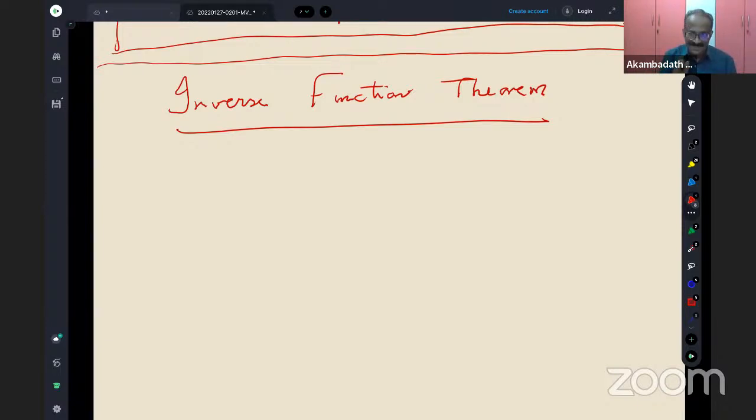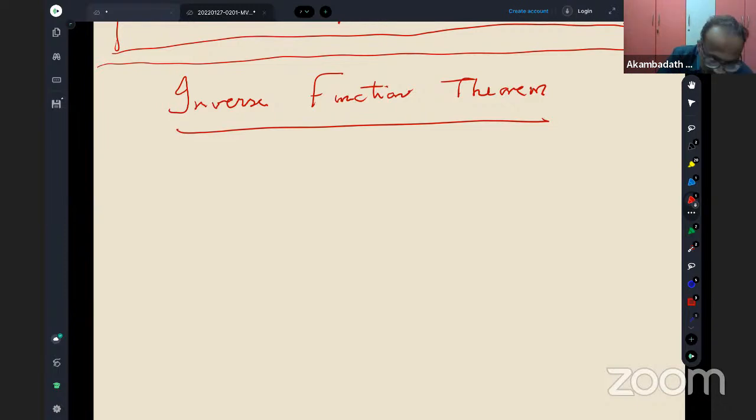First, you see the settings. What are the notations you are using? It's important to use the right notations. You cannot explain something in one notation and write the theorem in another notation. Nothing wrong, but it is better to follow a unified notation when you are studying it. And then what are the assumptions given, and then what are the conclusions.